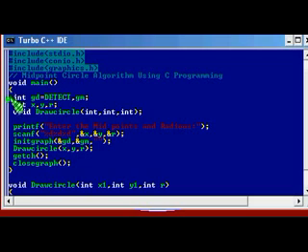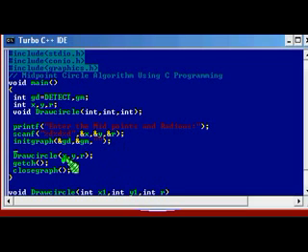Those variables are declared in this statement, and straight away we call drawcircle with x, y, r, then getch and closegraph. In this program all the functionality is given in the functions themselves. We are using the main function only for calling those functions, so the real functionality is in this drawcircle function.